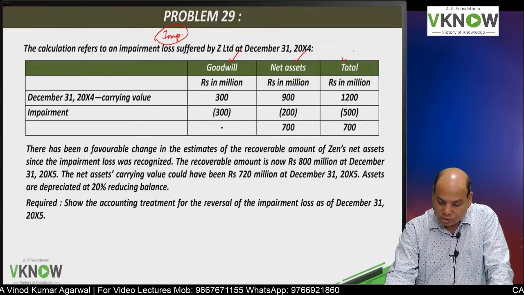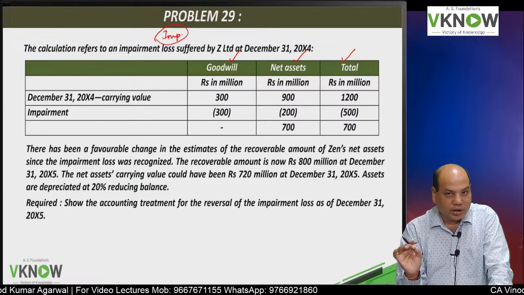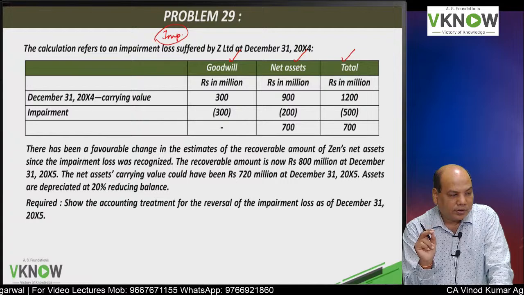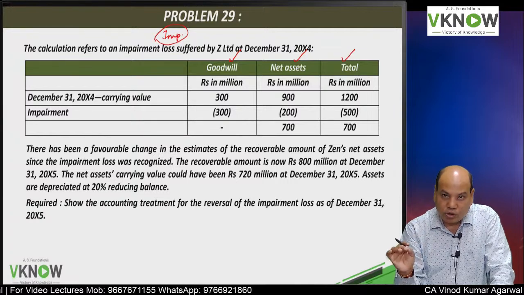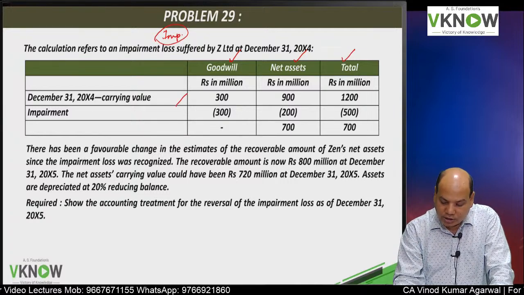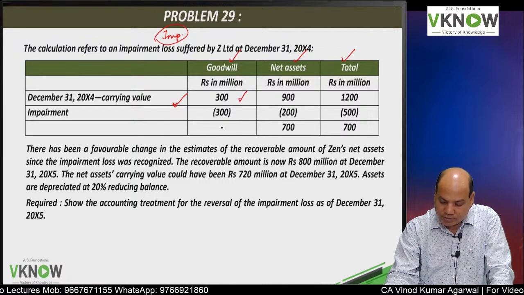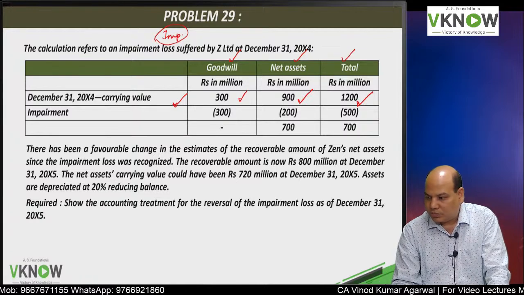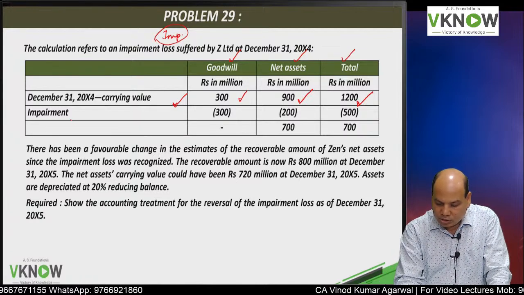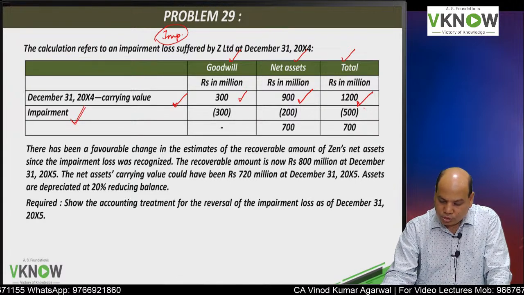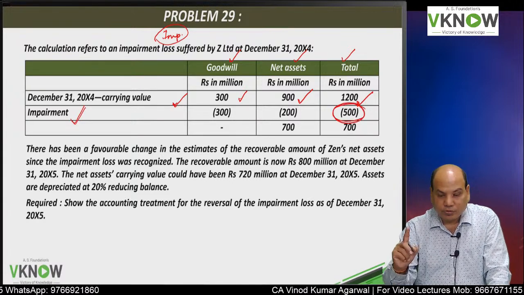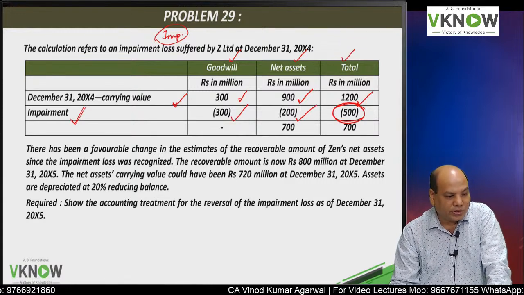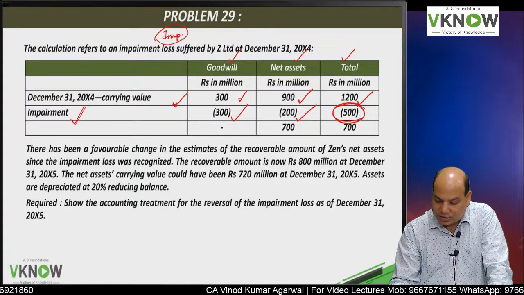Goodwill, net assets, total. If you are attentive from the beginning, you will understand that whenever there is an impairment loss, first we eliminate goodwill. They have already done this in the problem. Carrying amount was 300, 900, 1200. A similar question we had done. Total impairment loss is 500. First they eliminated goodwill 300, and the balance they adjusted against the net assets.